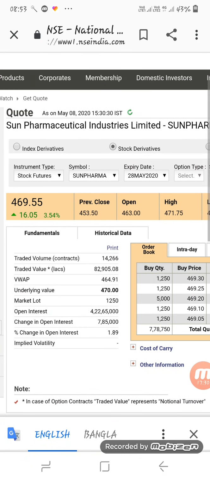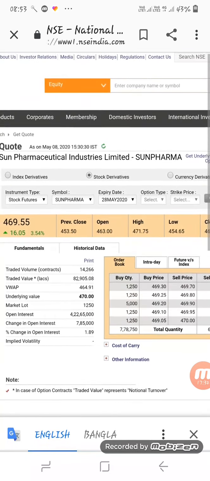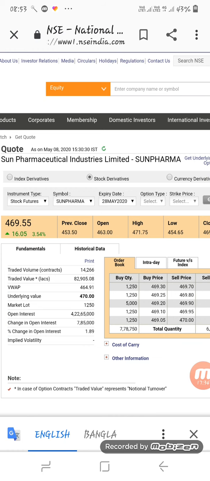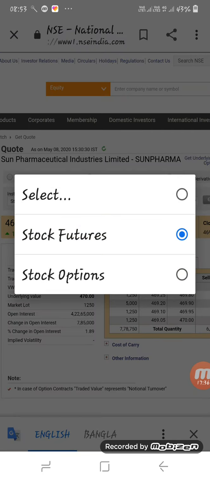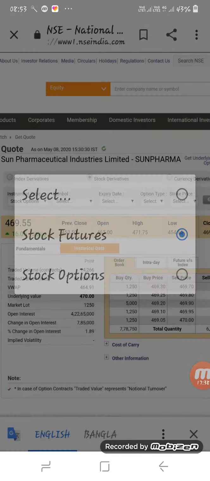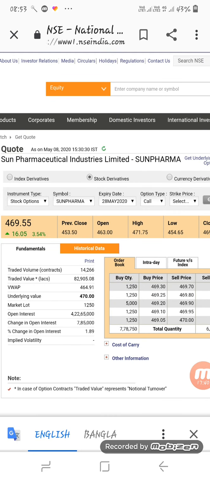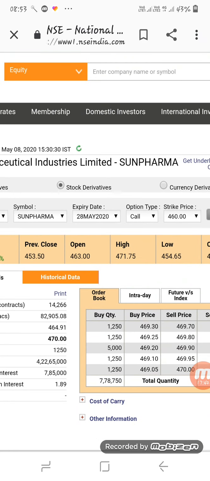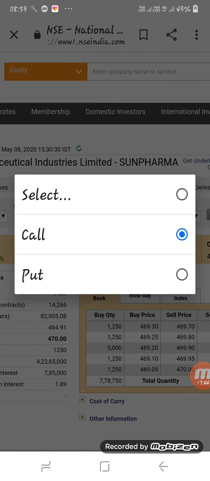Let us see, you can just select stock derivative out here, Sun Pharma. You can select stock future or stock option, and there's an expiry date, 28 May call option. You can choose either call or put. As I've told you, if you think the company share price is going to increase, you can select call option. If you think the share price is going to decrease, you can select put option.